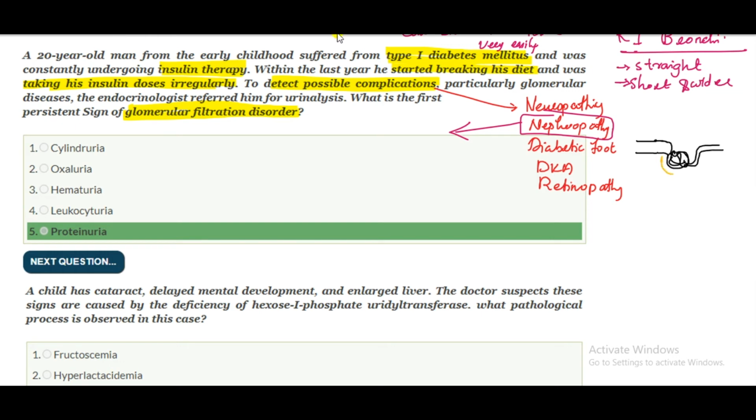So below I am going to draw our Bowman's capsule, and glomerular filtration occurs in the Bowman's capsule, and you can see our proximal tubule, and primary urine gets into this proximal tubule.